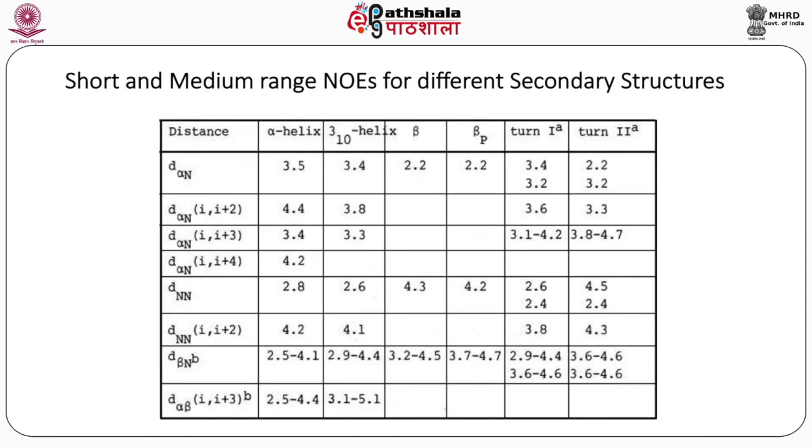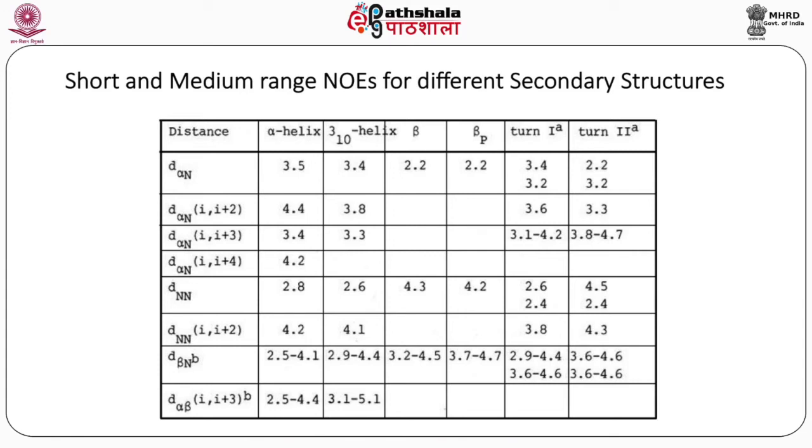The short and medium range NOEs for different secondary structures are shown in this table, shown as a figure in this slide. So, the distances are shown as dαN(i,i+2), dαN(i,i+3), dαN(i,i+4), then dNN(i,i+2), dβN and dαβ(i,i+3).